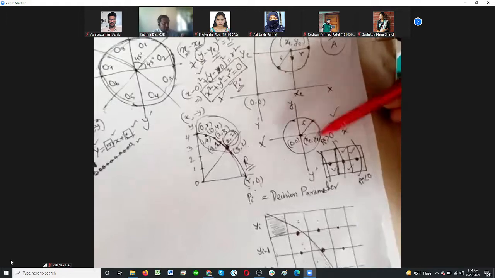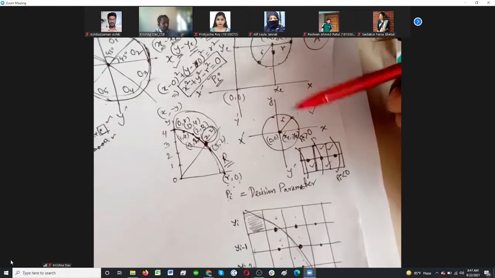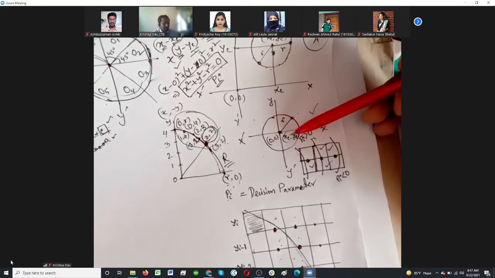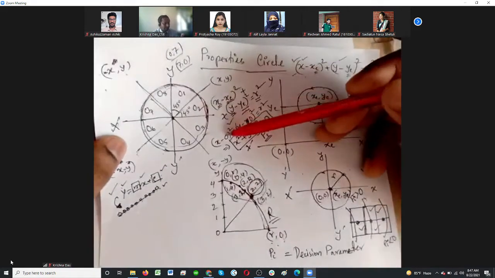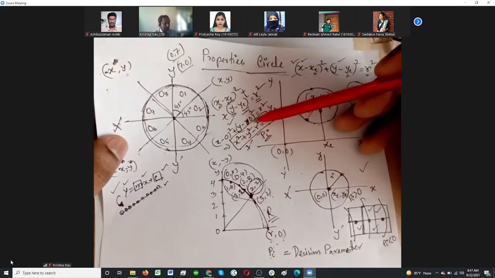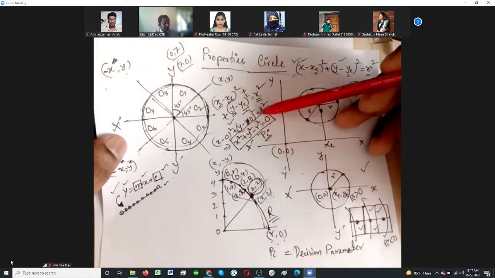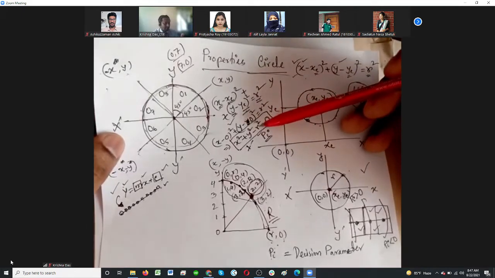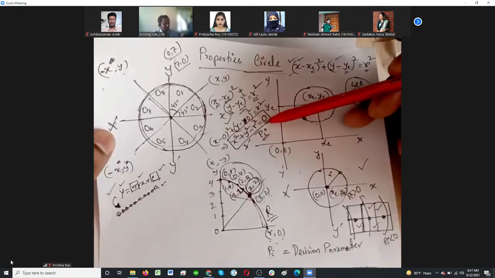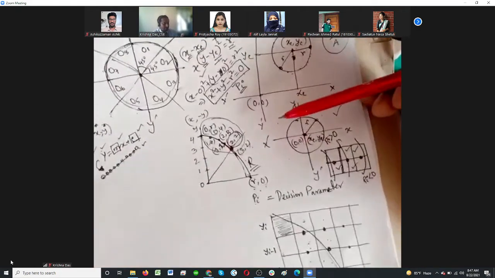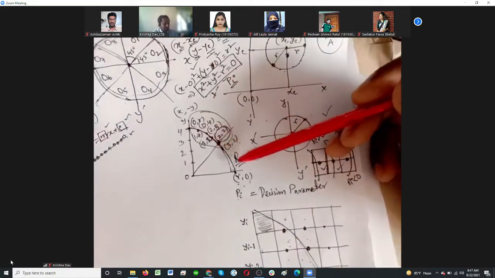As we consider that the circle's center is on the origin, the center value is 0, 0, so xc is 0 and yc is 0. Putting those values, we get x square plus y square equal to r square. Bringing r square to this side, the equation becomes x square plus y square minus r square equal to 0. This equation will be applied at the circumference points.